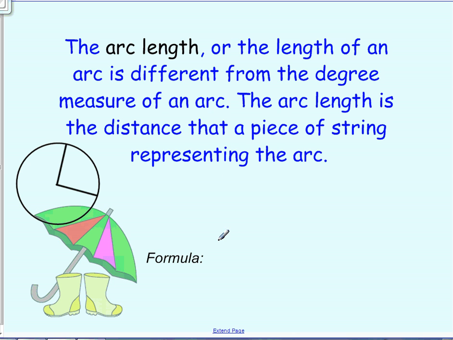The measurement of arc AB, and we write that as AB with an arc over it, over 360, and you multiply all of that times 2 pi r.